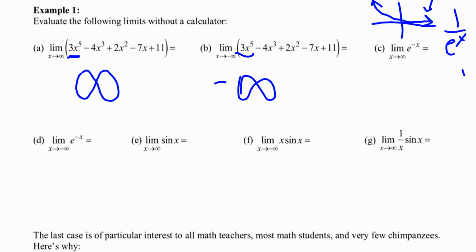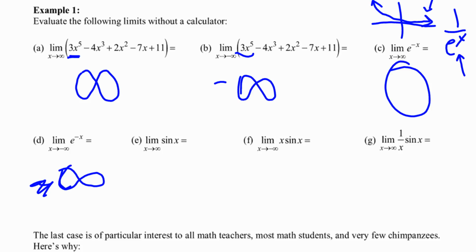And if you look at the function, if you let really big numbers go in for x, that denominator is going to get huge. So you have 1 over this huge number. Either way, 0. Limit as x approaches negative infinity this time, we would be going towards infinity.